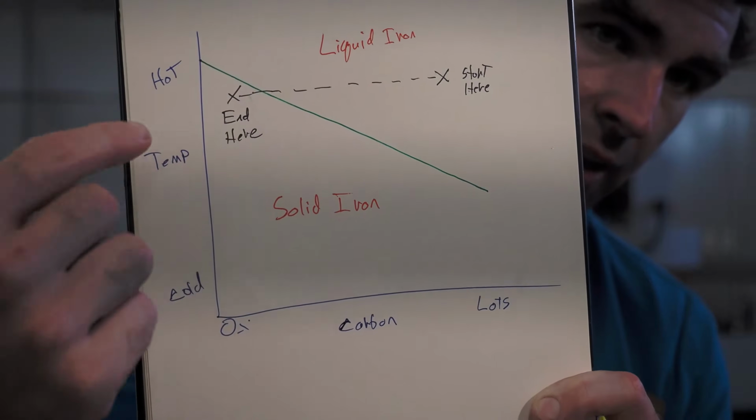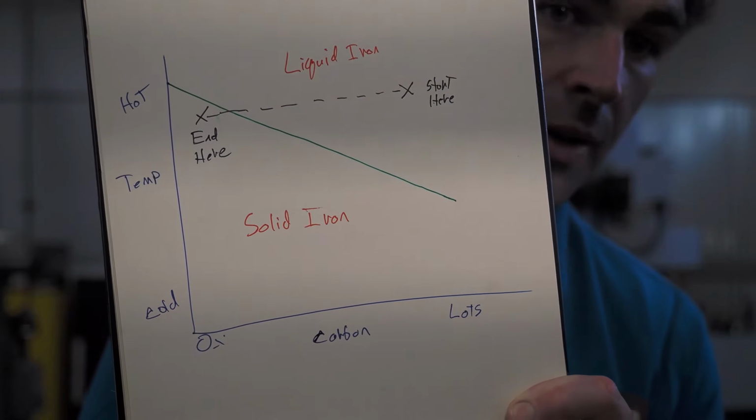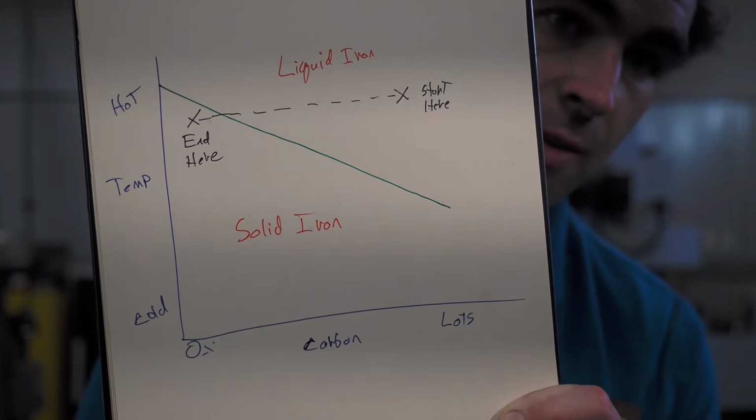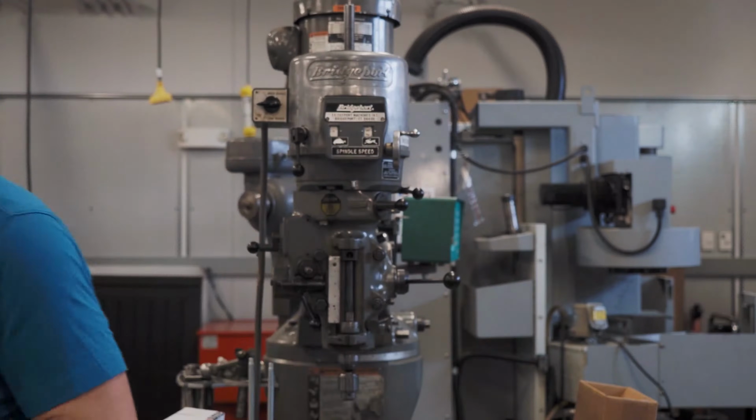So this line right here is just empirical. The green line is just what happens when you reduce or increase the amount of carbon. So we'll talk a lot about charts like this. This is just something I drew up. It's a small representation of the iron carbon diagram.